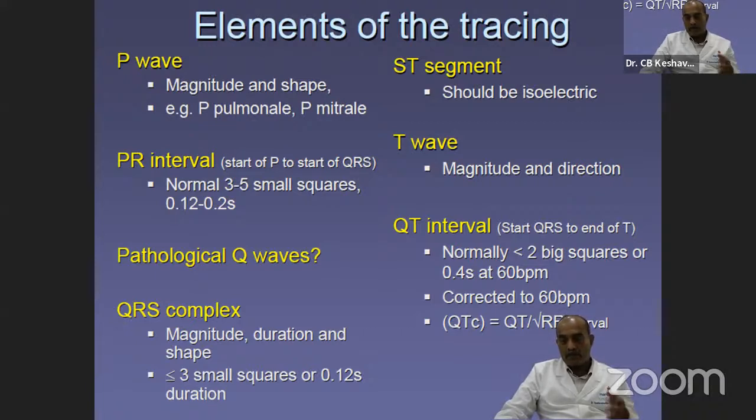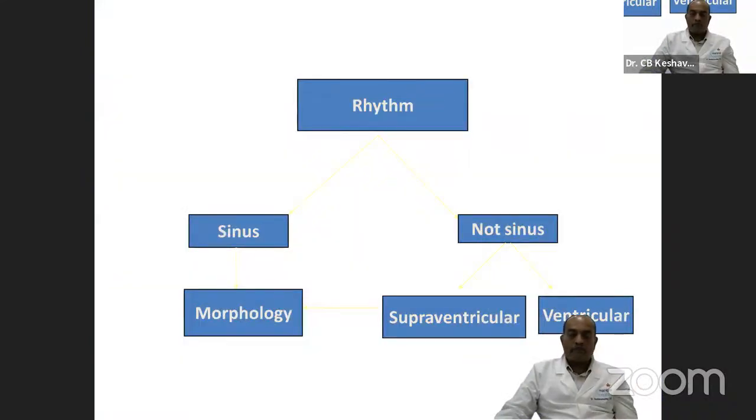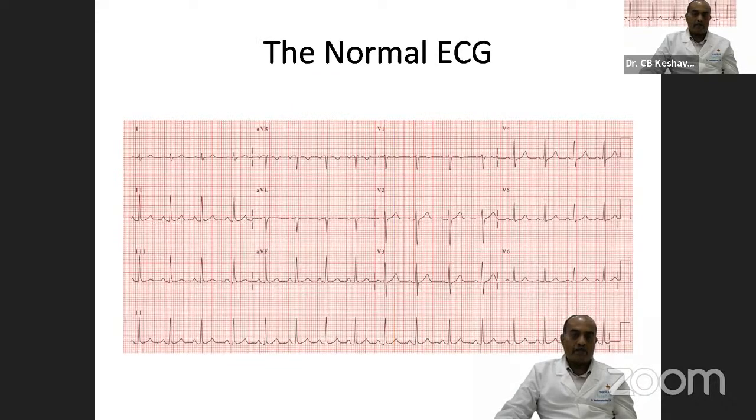Then you correct it to the appropriate rate. So this is what we have seen: rhythm, sinus or not sinus, morphology. Where is the beat arising from? Supraventricular means the QRS is narrow, less than 0.12 seconds. And in ventricular, the QRS complex is wide and it is not preceded by a P wave. That's how to distinguish supraventricular from ventricular rhythms.